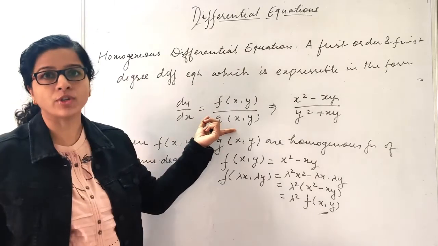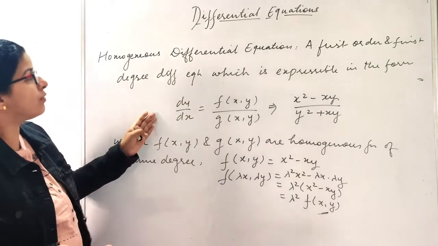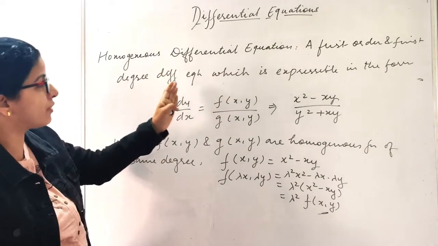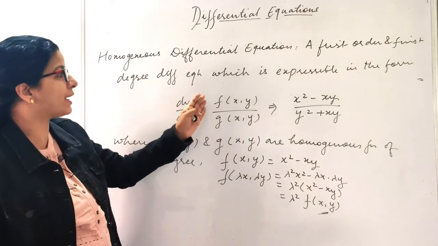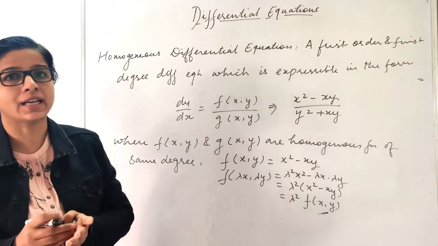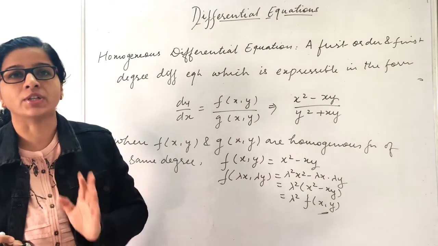Similarly, I can check for g(x, y), it will be again a homogeneous function. So whenever we can express my first order, first degree differential equation in such a form that f and g both are homogeneous functions, in that case, the given differential equation becomes a homogeneous differential equation.